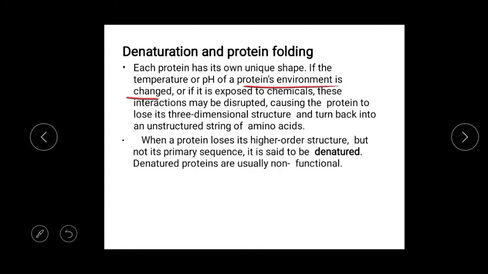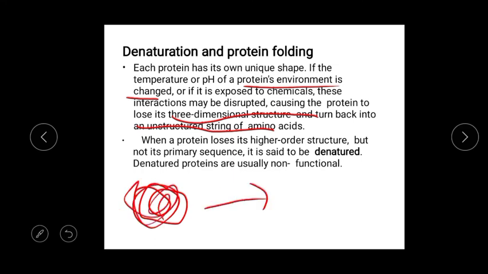These interactions may disrupt the three-dimensional structure of the protein and turn it back into an unstructured string of amino acids.